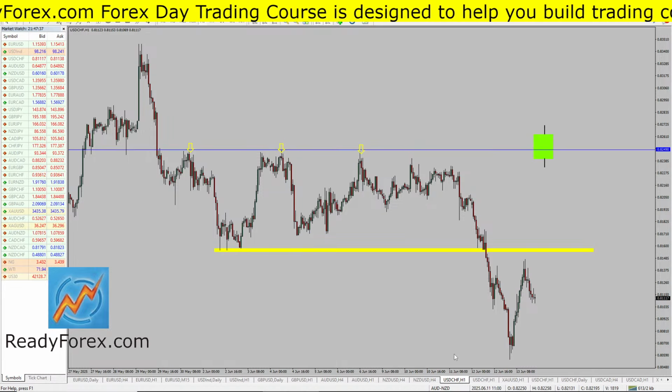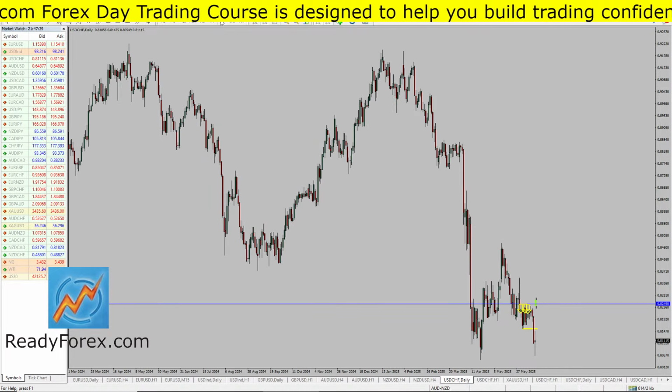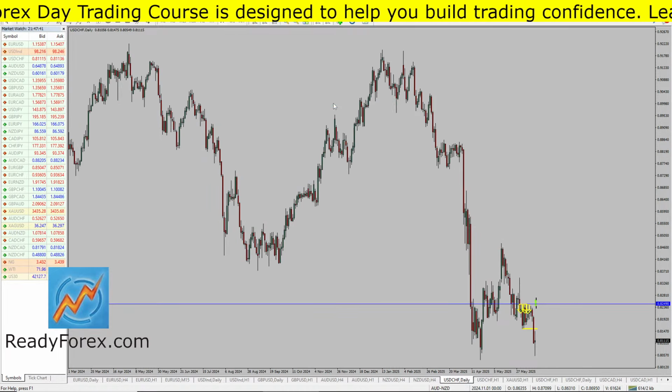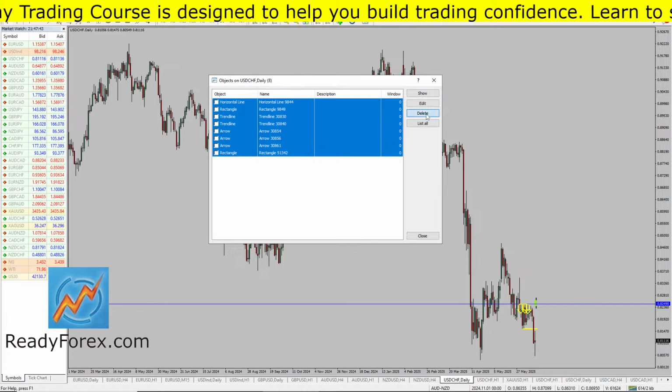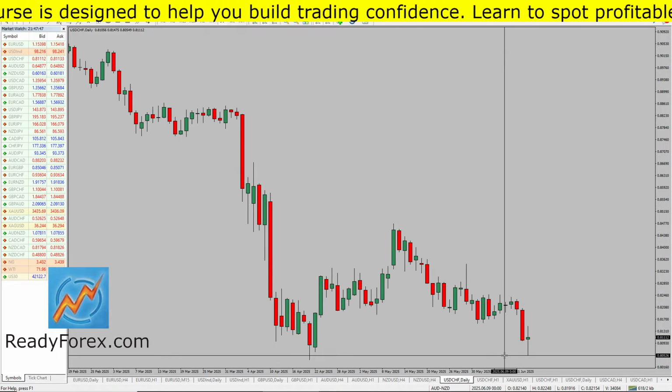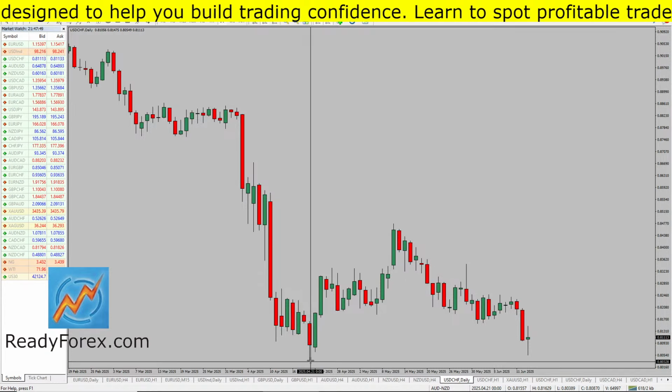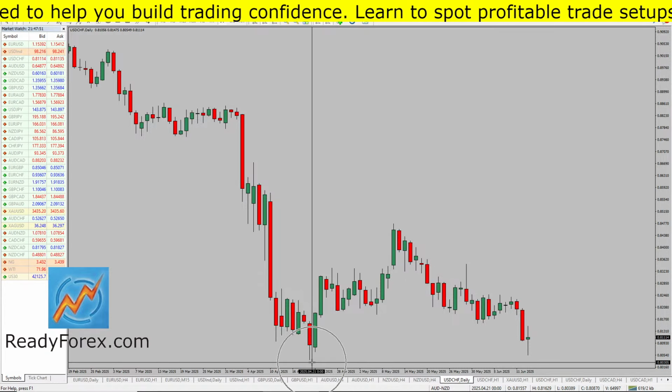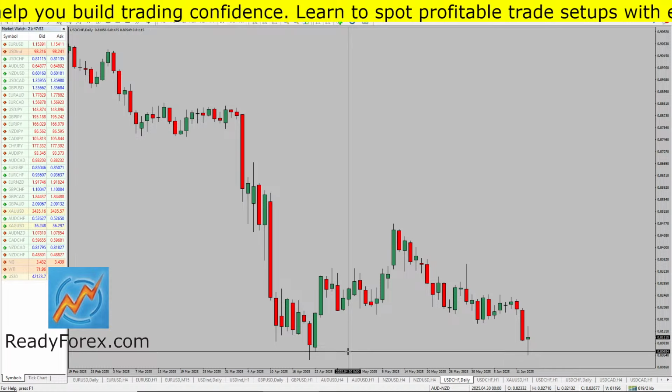Okay, if you go over to a daily time frame, let's take a look at a daily chart over here. You see market almost tried to break below the most recent swing low over here, but it kind of missed it.